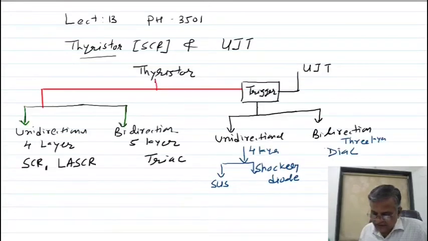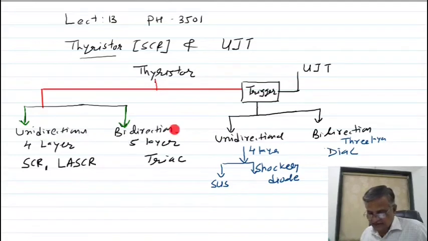A thyristor is a solid state device which has 2, 3 or 4 PN junctions. There are two types of thyristors, unidirectional and bidirectional. In unidirectional, current flows only in one direction.